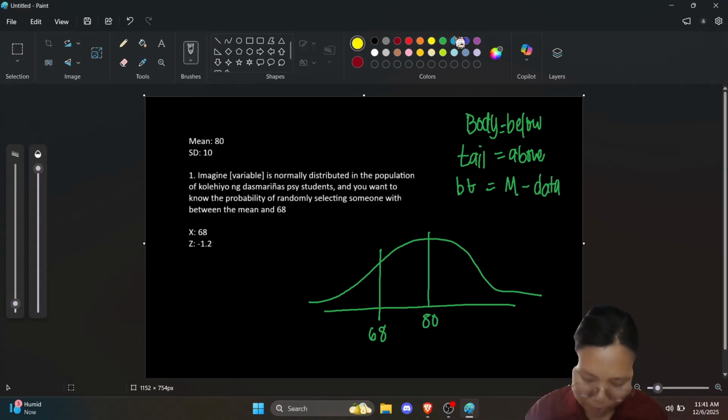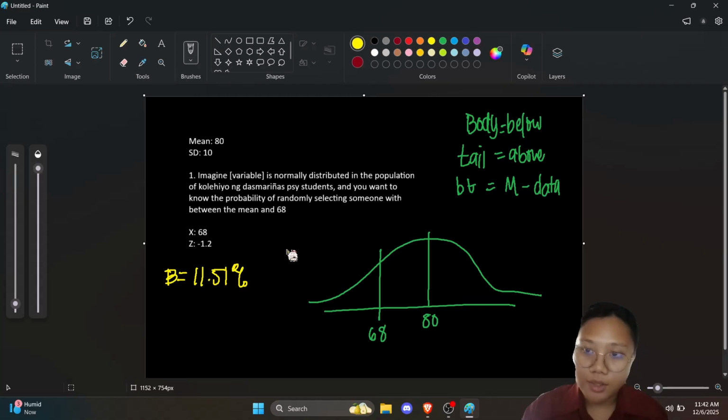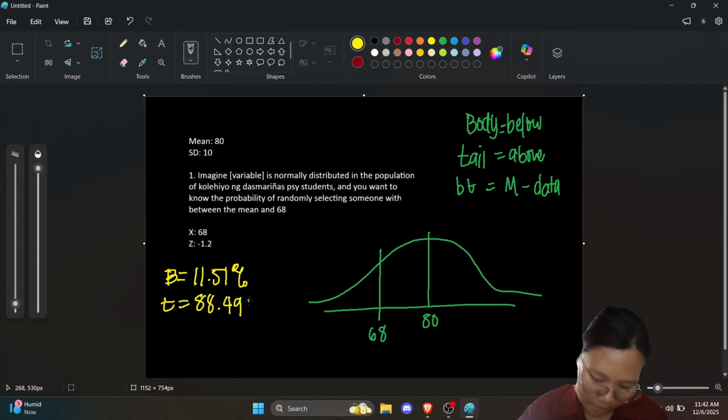Let me put the values beside this. Since we're looking for the probability or percentage, we also have to convert those values into percentages. Our body is now 11.51, the tail 88.49.